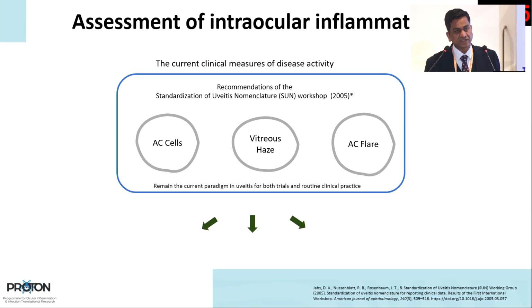It is very important that when you are doing imaging, you understand what you want to achieve through the imaging. So you want to assess AC cells or inflammatory cells, vitreous haze, or AC flare, or any kind of inflammation, whatever is happening from front to back. But these are the three standard guidelines given by SUN: AC cells, vitreous haze, and AC flare.